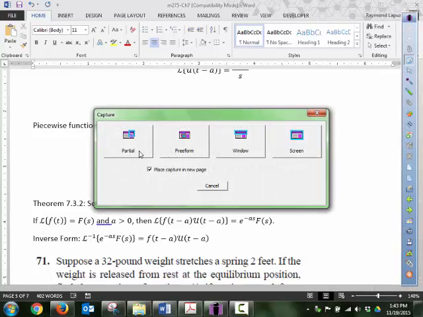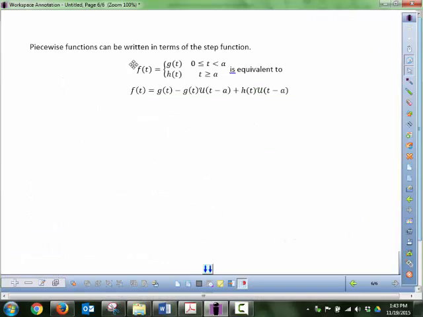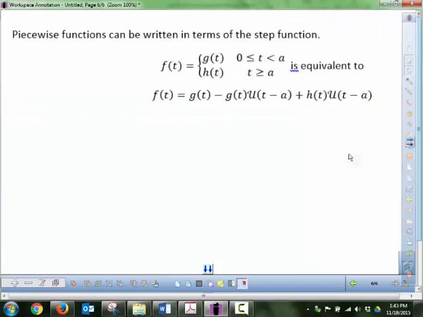So let me copy it and put it in our notes and look at it, stare at it, and then do some examples where we have some functions that get replaced.